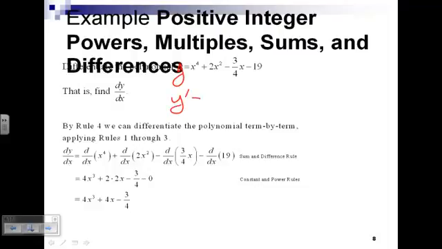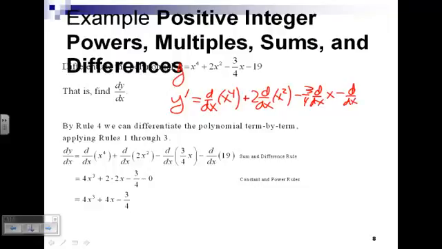Y prime is equal to the derivative with respect to x of x to the 4th plus 2 times the derivative of x squared minus 3/4 times the derivative of x minus the derivative of 19. I am being very explicit here, writing out every single step.